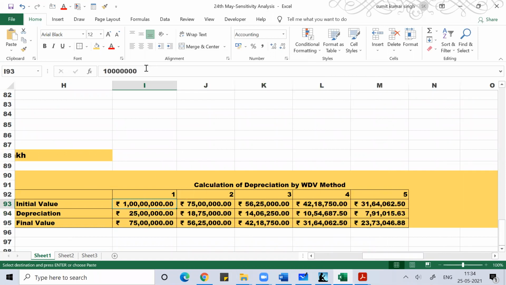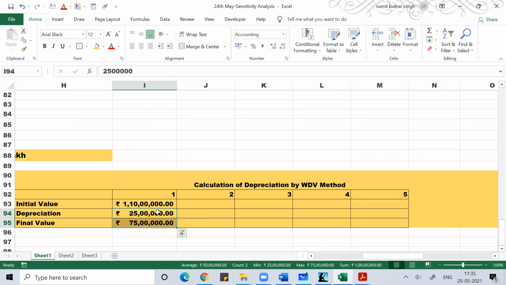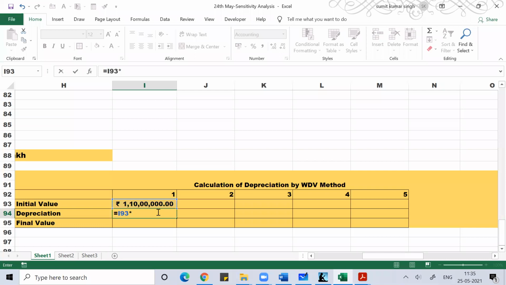Now the formula got removed. Now I have copied the formula. 25% of this is the depreciation.